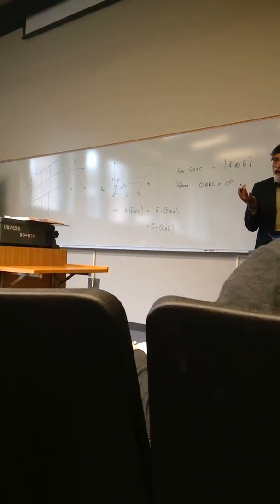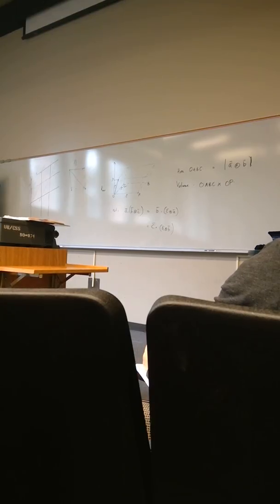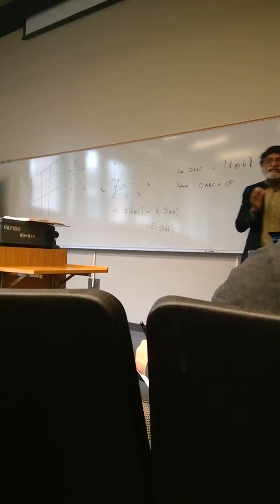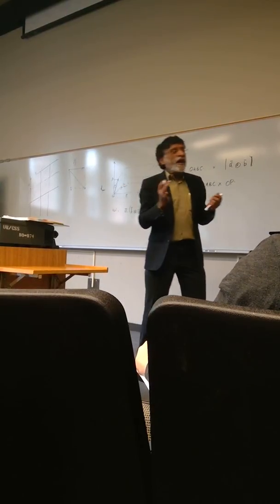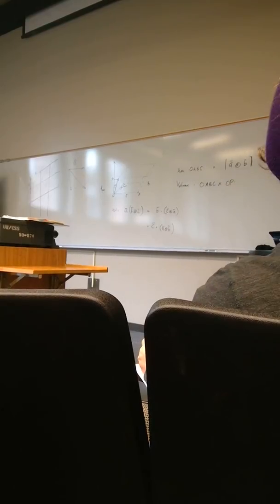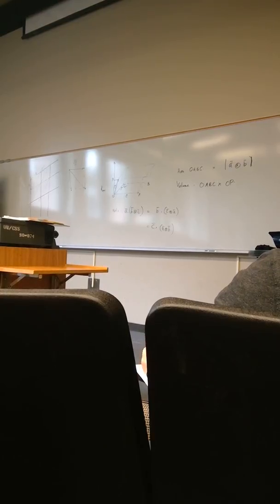Sometimes people use capital G, sometimes small g, it doesn't matter. If you want to be careful, you can write HKL, so you know exactly which lattice vector it is referring to. It is given in terms of H times A star plus K times B star plus L times C star.